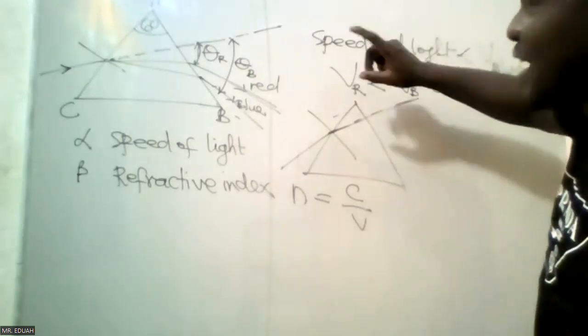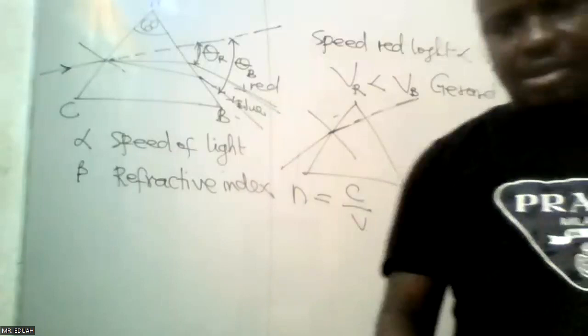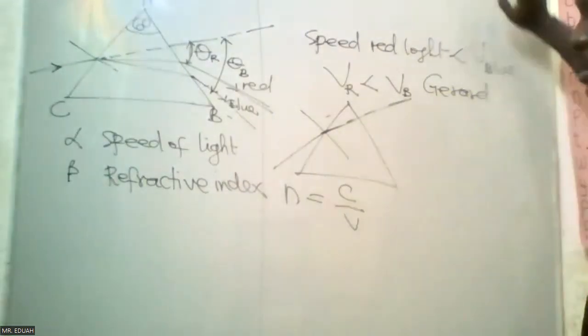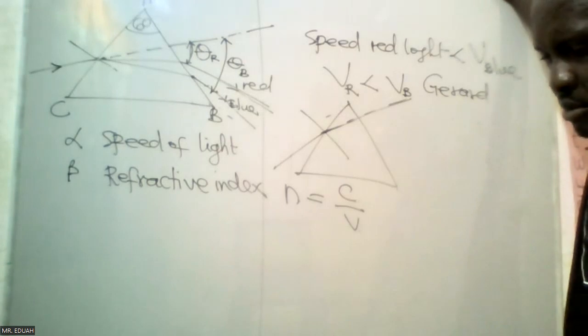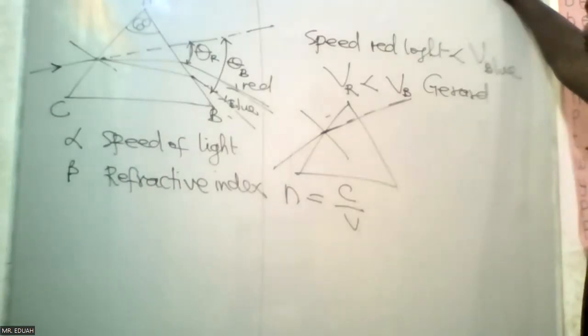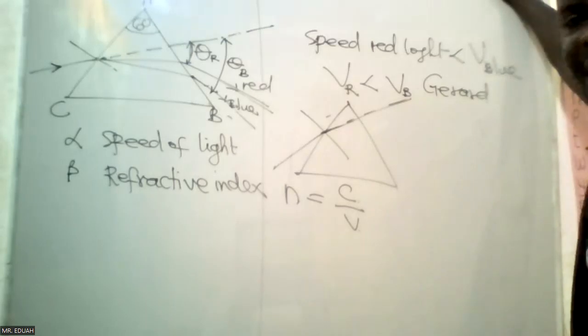So what is the refractive index of the red light and the blue light? So it means that the blue light will have a higher refractive index than the red light, because it is largely deviated.